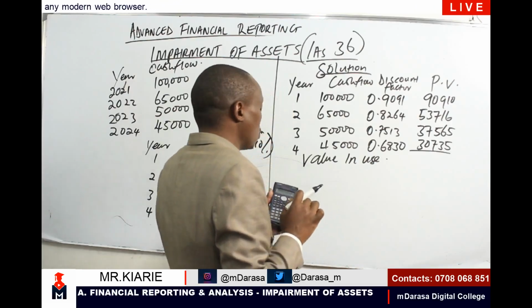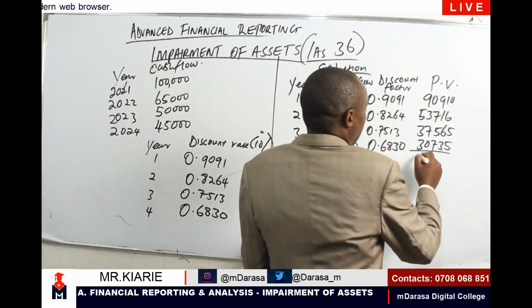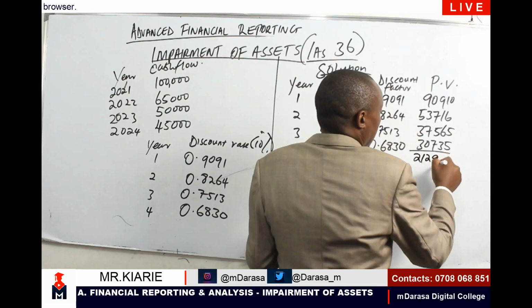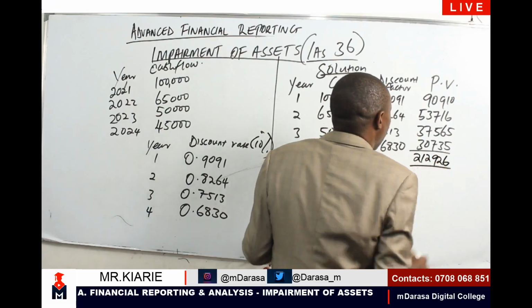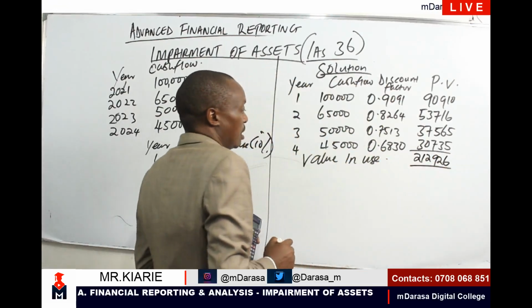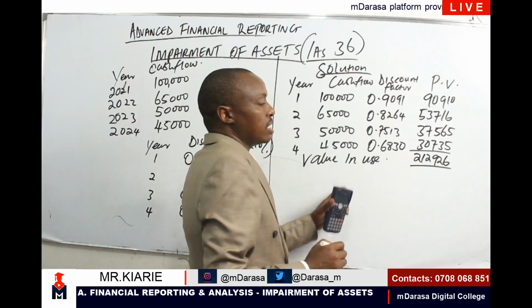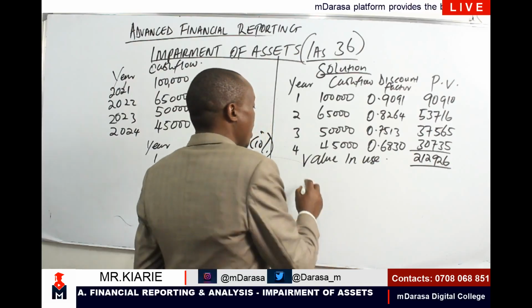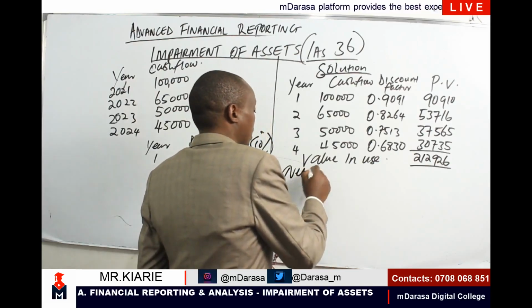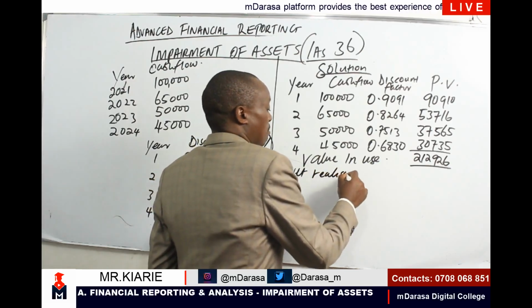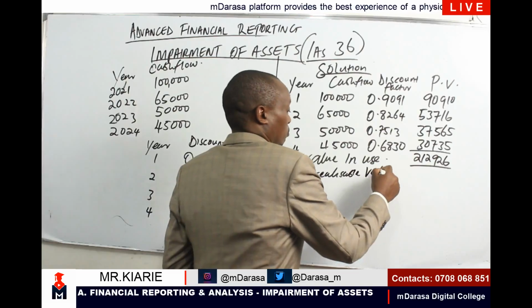This gives me 212,926. This is now our value in use. Therefore, we compare this value in use with the net realizable value.